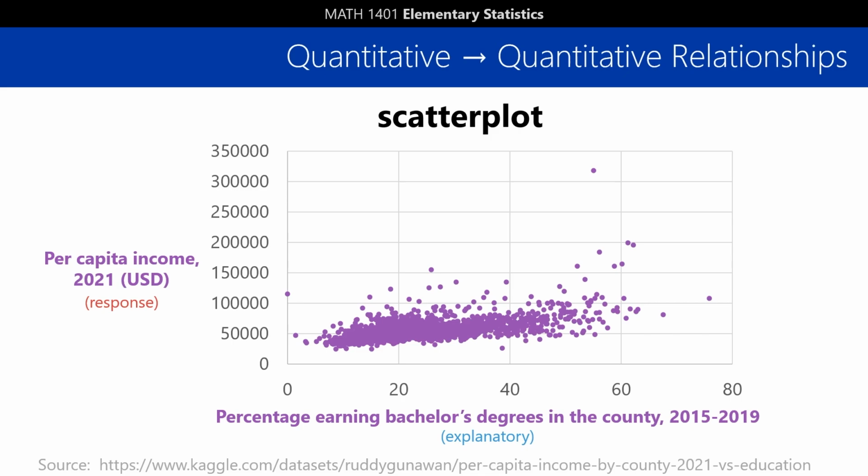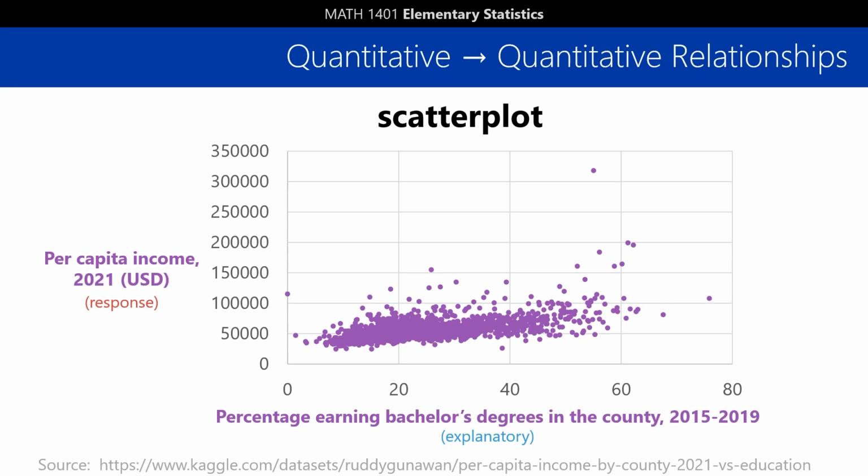Anyway, in a scatter plot, each point of data is a single point on the graph. From the data, we can see that there's a slight positive relationship between education level and income. In general, if a higher percentage of residents have a bachelor's degree, then the per capita income tends to be higher, though with considerable variation.